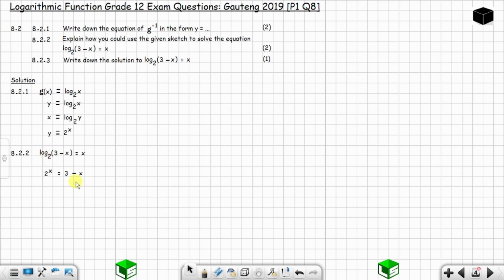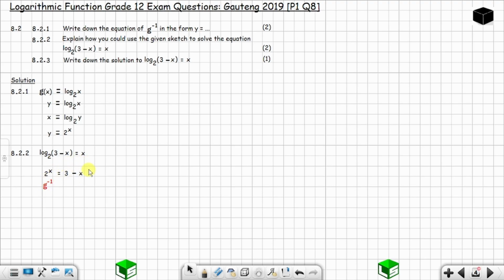Now from this, when you check the equation, you can see that you have 2 to the power of x. This is actually the graph of the inverse of g, written in the form y is equal to. So this is the inverse of g of x, right?